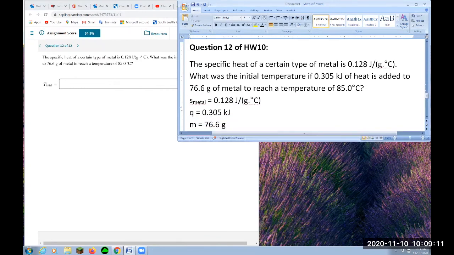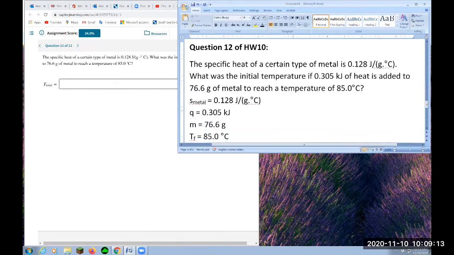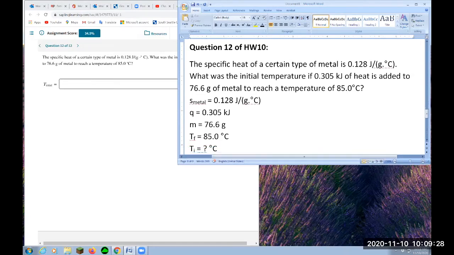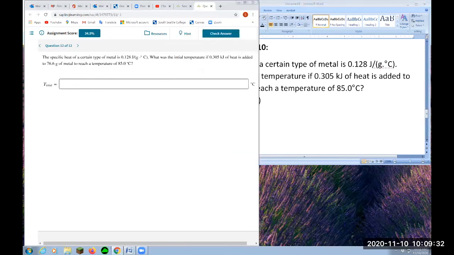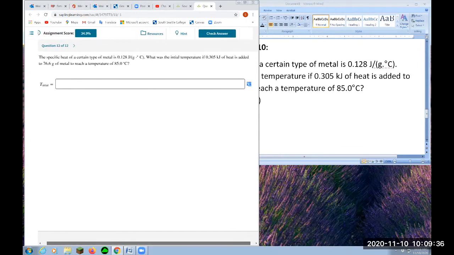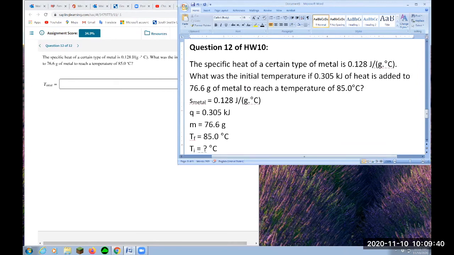And we are reaching a temperature, so that means it's the final temperature, to reach a temperature of 85 degrees Celsius. So that's the final temperature. And we are looking for the initial temperature, and it's implied here that it's expected to be in degrees Celsius from the box here in Sapling. So initial temperature in degrees Celsius.